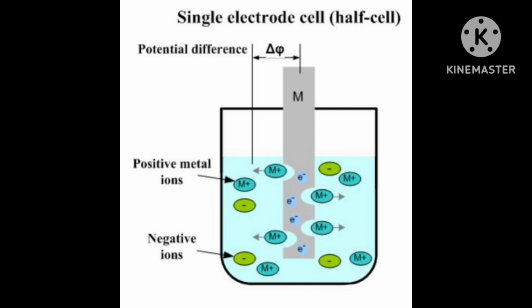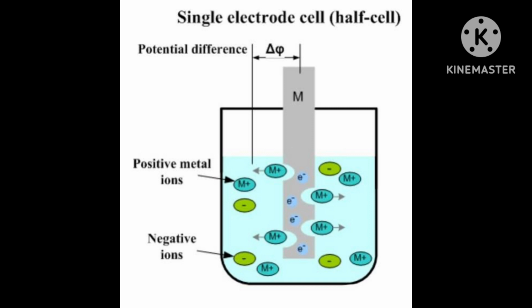As for example, Zn in ZnSO4. ZnSO4 is the electrolyte, and you have to write its concentration. Suppose the concentration is C1, then you write C1, and that side the concentration is C2. Then write C2. The values of C1 and C2 you have to write.